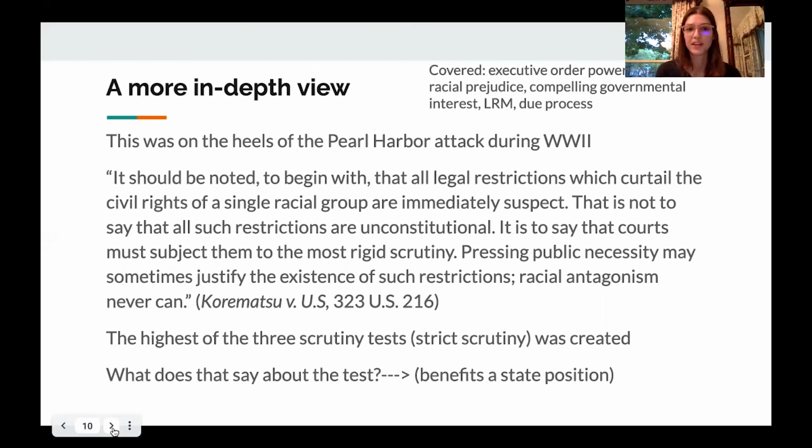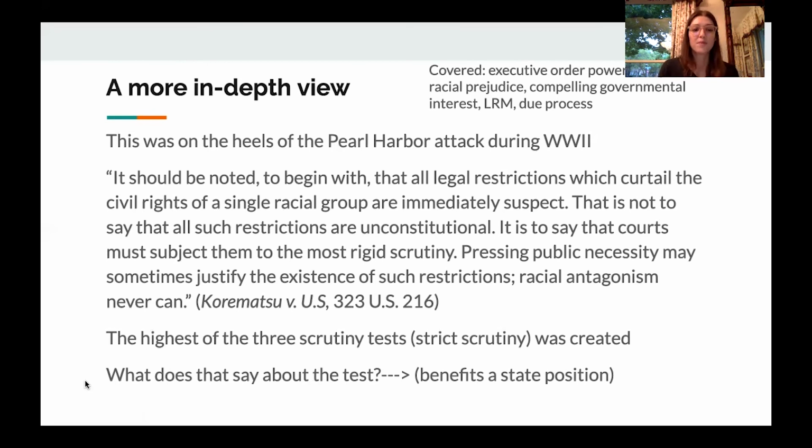It should be noted to begin with that all legal restrictions which curtail the civil rights of a single racial group are immediately suspect. This is not to say that all restrictions are unconstitutional. It is to say that courts must subject them to the most rigid scrutiny. Pressing public necessity may sometimes justify the existence of such restrictions. Racial antagonism never can. So this is a great quote from this case.